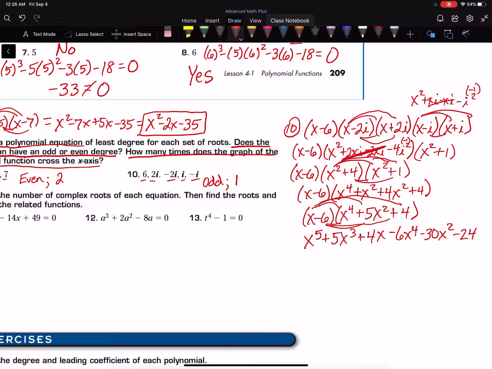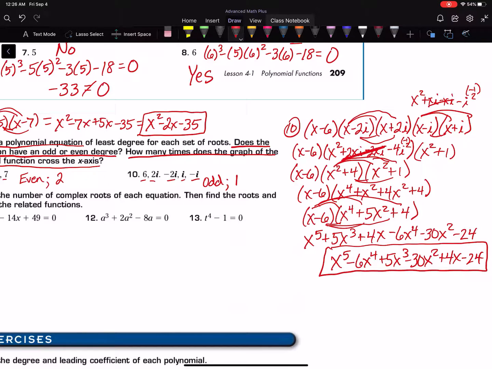And then you just need to rewrite your equation in the right order. So minus 6x to the 4th would come next, and then plus 5x to the 3rd minus 30x squared plus 4x minus 24. Like I said at the beginning, the more roots you have, the longer your equation will be. Okay? Notice my degree is 5, it's odd, and I only had one real solution.